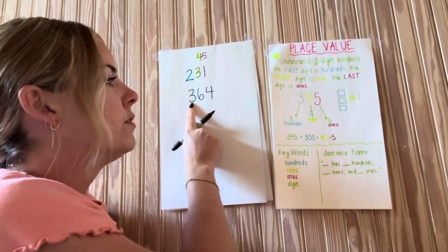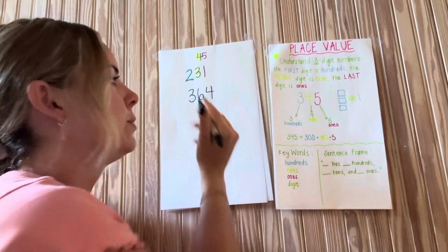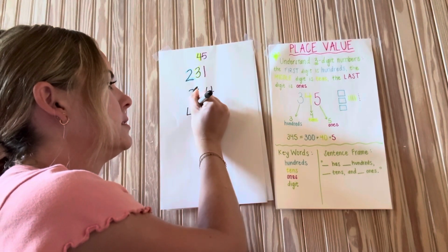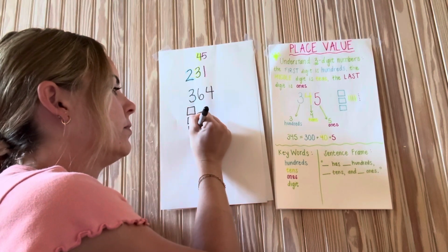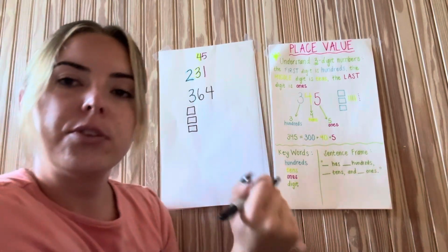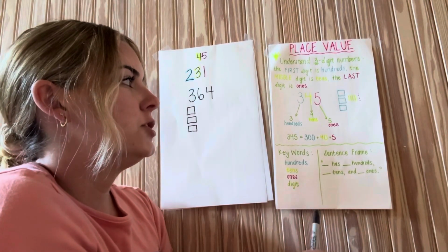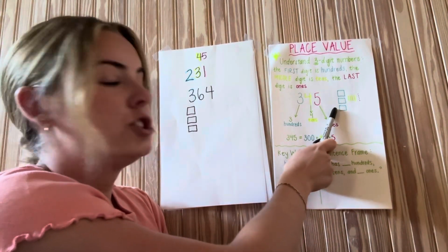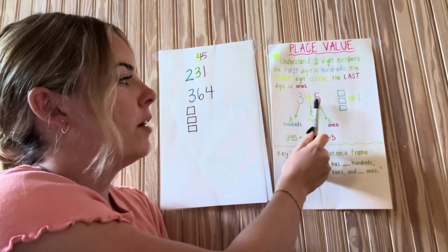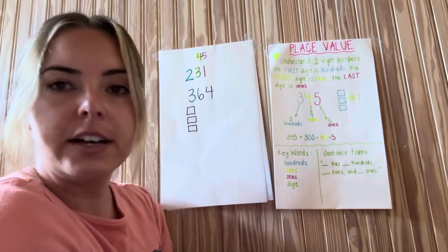We have the number 3, so we're going to draw 3 boxes. 1, 2, 3. Just like on our anchor chart over here, we have 3 boxes to represent the 3 hundreds.